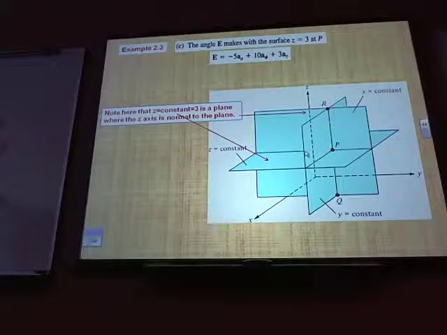If I knew the normal to this z equal to 3 surface, which goes to infinity in x and y, I can dot the two together and get my answer. So that's another way of doing it.